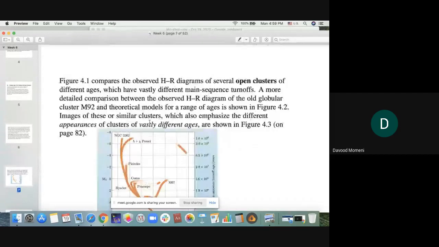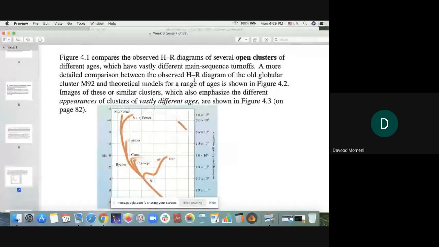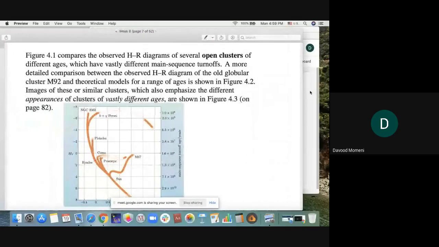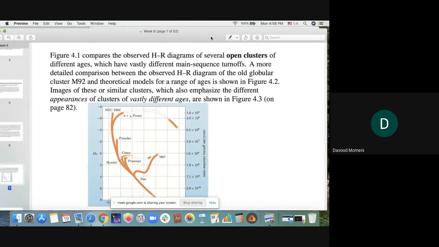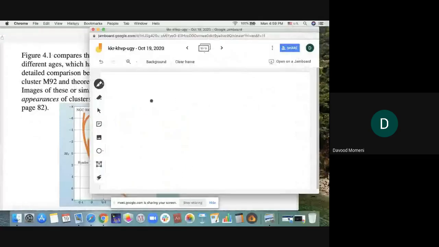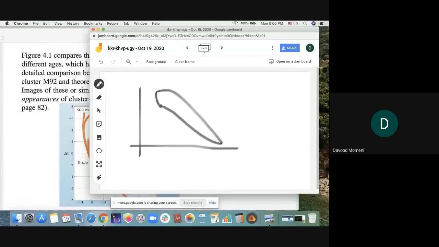So you understand that the Hertzsprung-Russell diagram is a statistical diagram. It's for a cluster of stars, and if you can estimate the main sequence turn-off time, then it's not for one star, it's for the cluster. So again, I want to draw this not very good form of the Hertzsprung-Russell diagram.